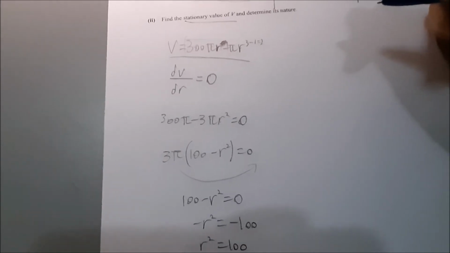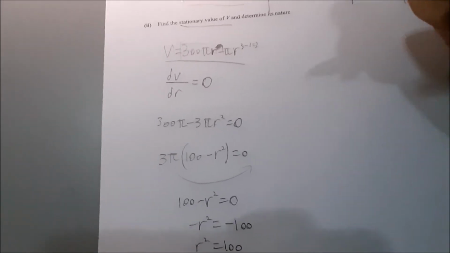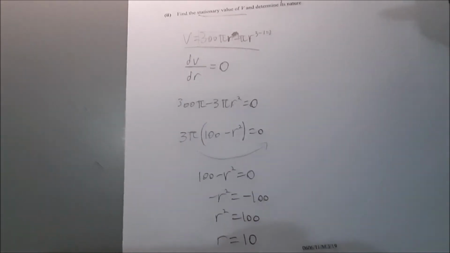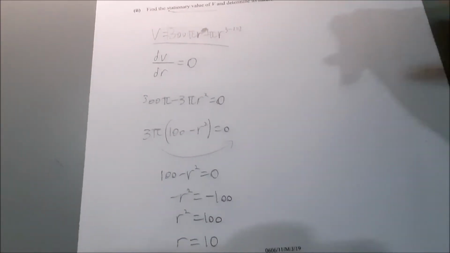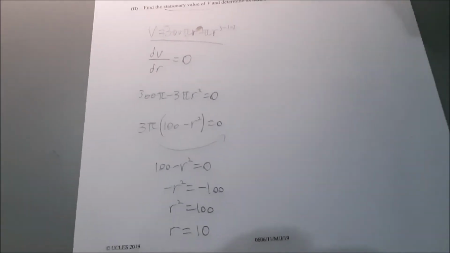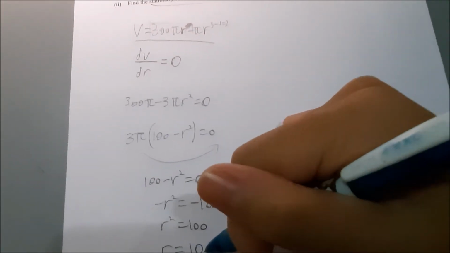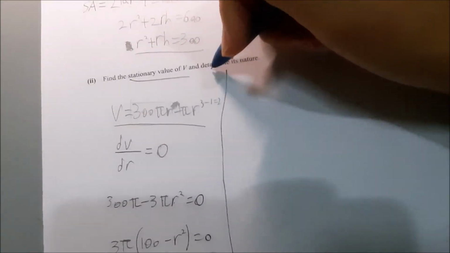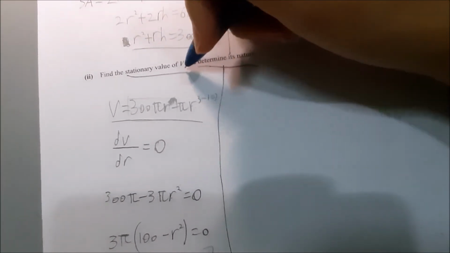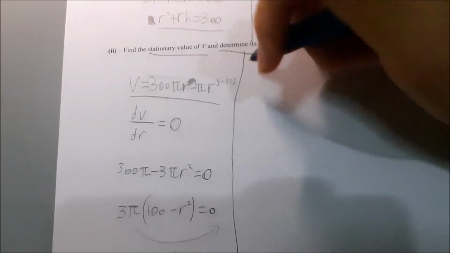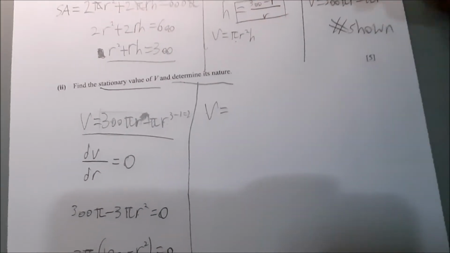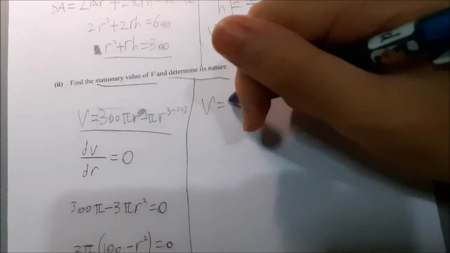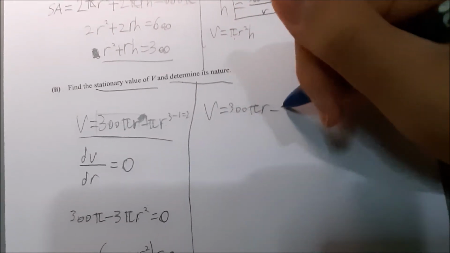Now negative 10 does not count, as there cannot be any negative length or negative radius in real life or anywhere. So the positive value is the real one. And now you have to get the stationary value of V. To get V, you use the equation 300 pi r minus pi r cubed.